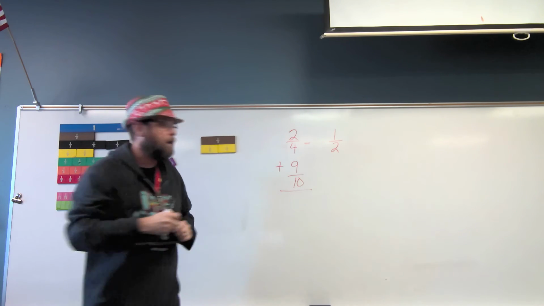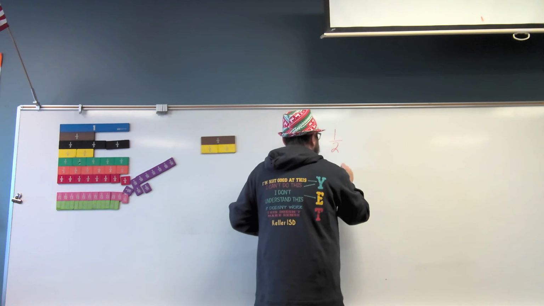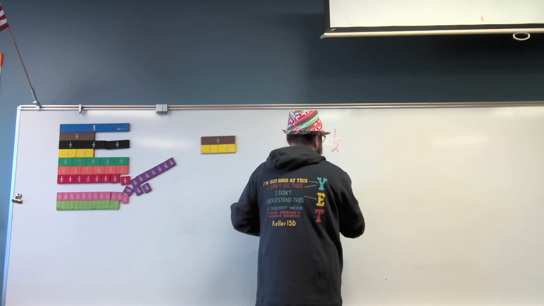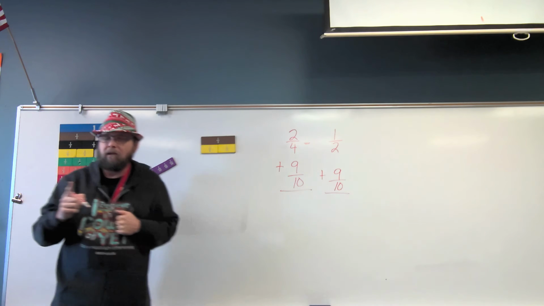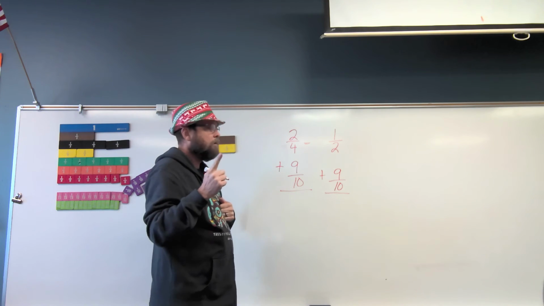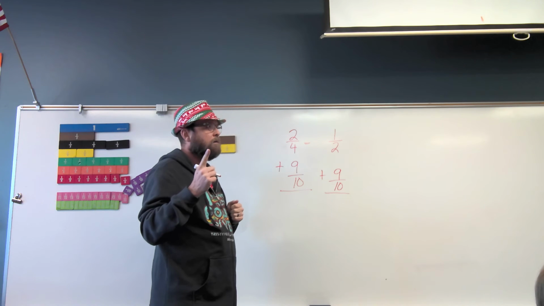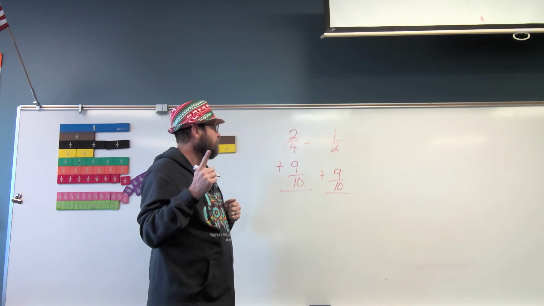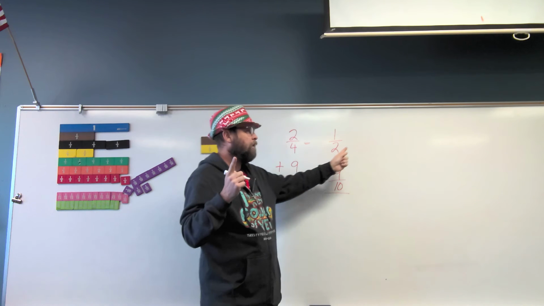So I could take 1/2 and 9/10. And then Miss Balio said I could make them into what? Can't make it into fifths because 2 times nothing equals a 5.